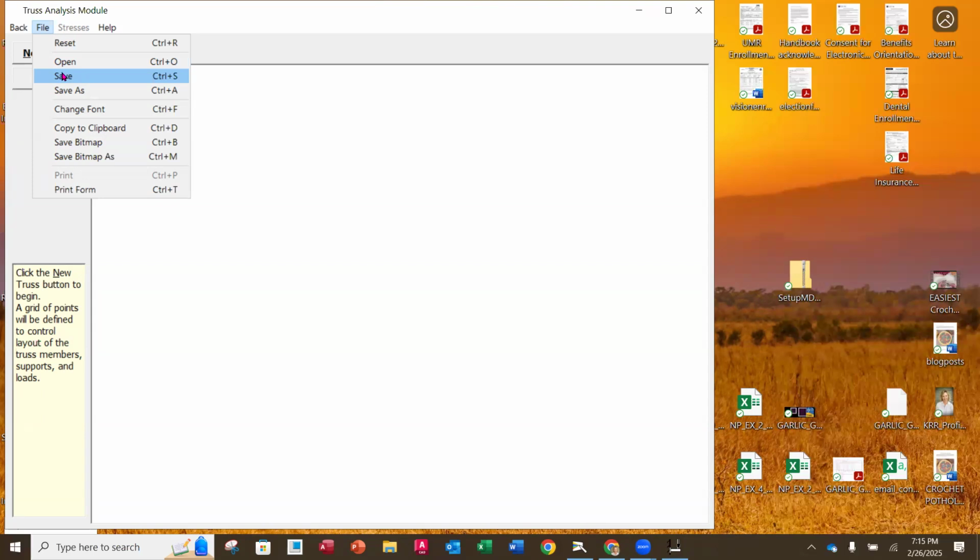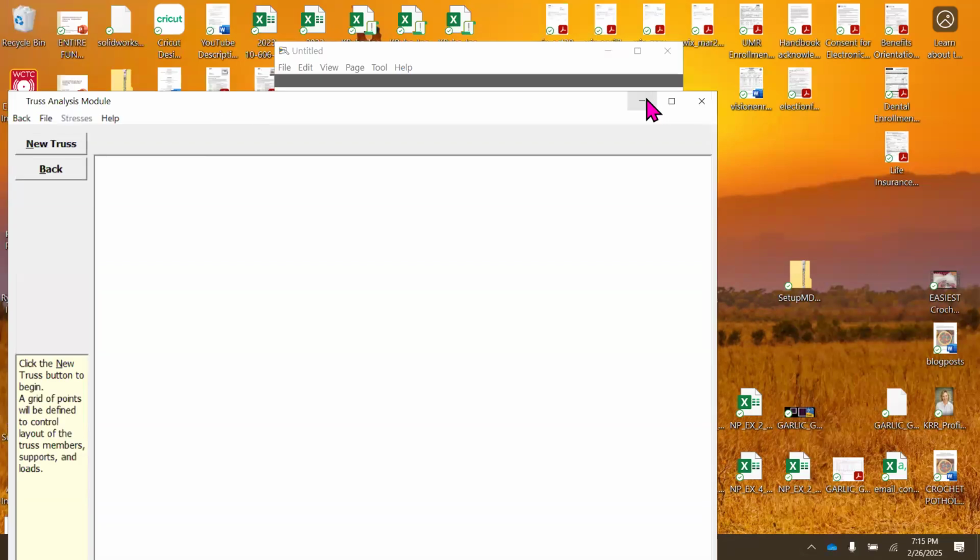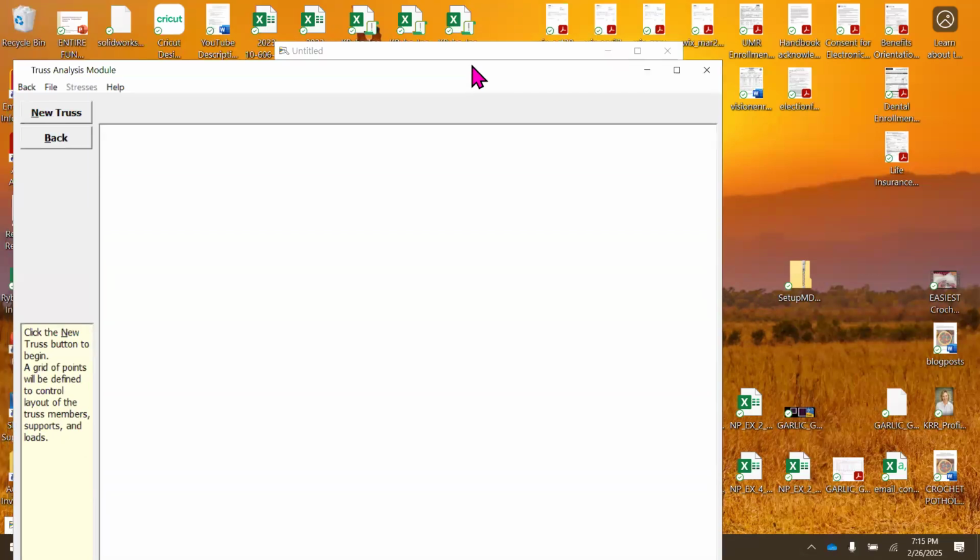So if you end up not saving it, don't be too disappointed because it literally takes 4 minutes to set up. So it's not that big of a deal. It's a very simple program. It is not sophisticated, so if you're trying to do fancy things, it may not work. But it works great for what we use it for, as you can see. So that is just a little demonstration of MD Solids.